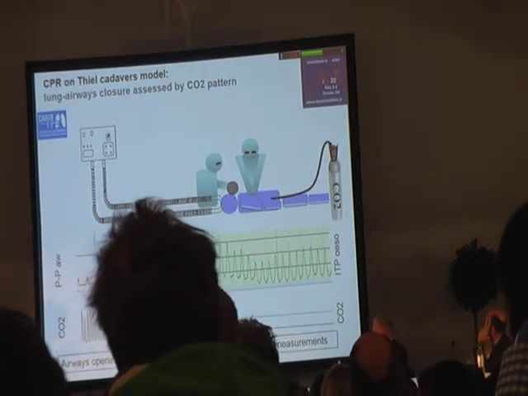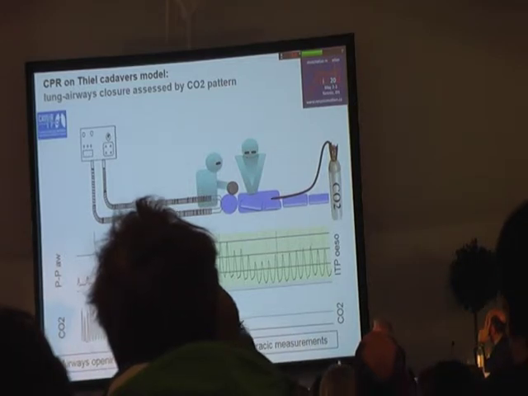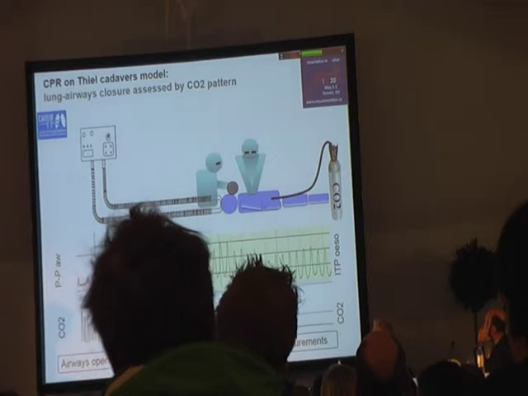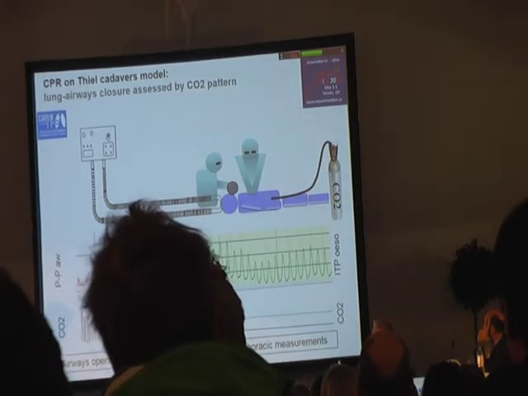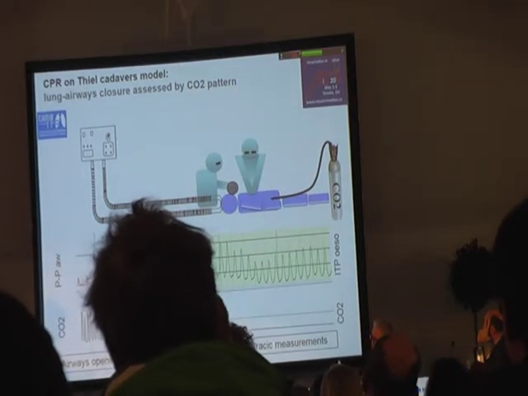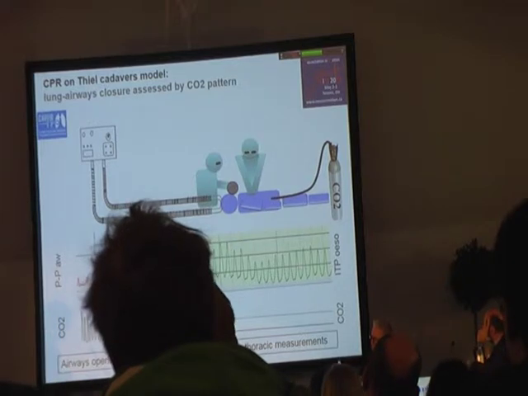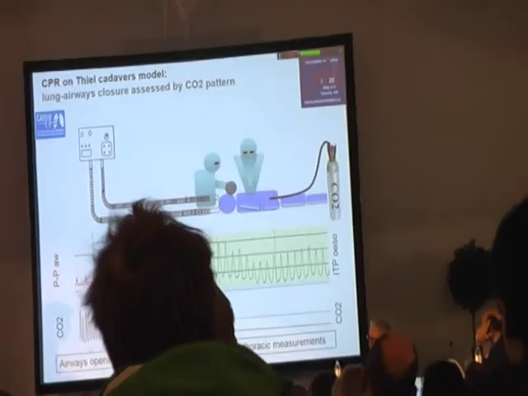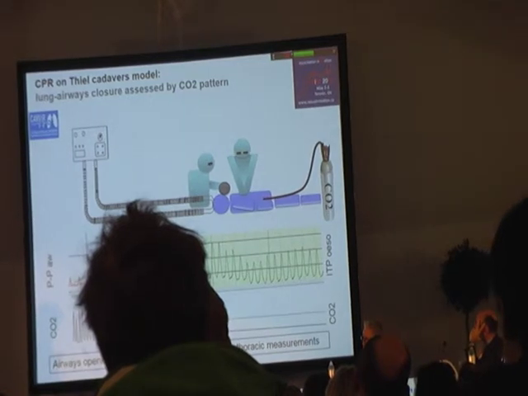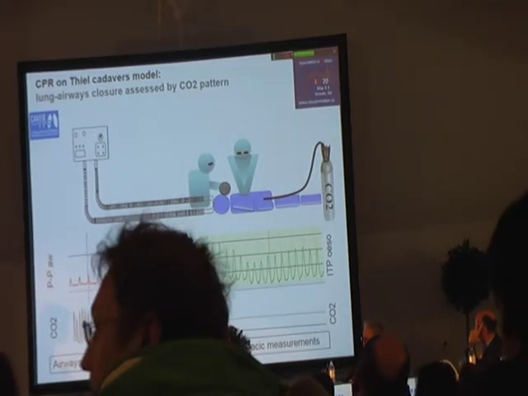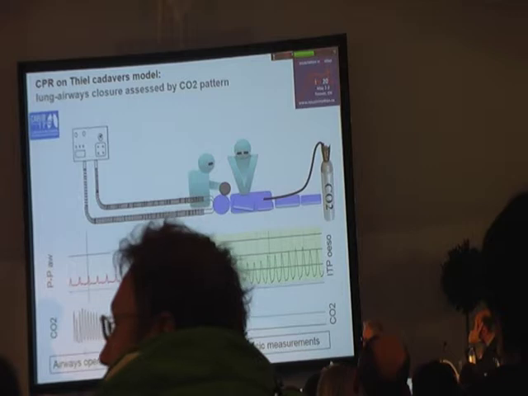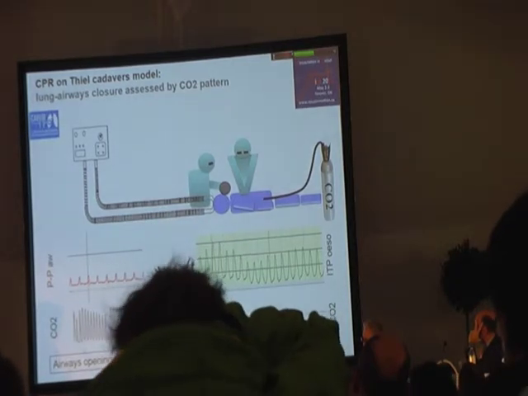Let's suppose a constant circulation due to chest compression generating a low CO2 production. What we measure in the thorax of the human corpse is the change in intrathoracic pressure, measured with an esophageal balloon, and in addition with pleural sensors in different parts of the thorax.